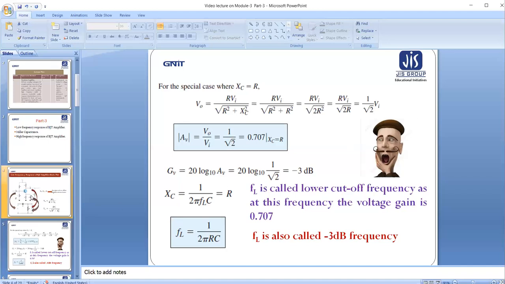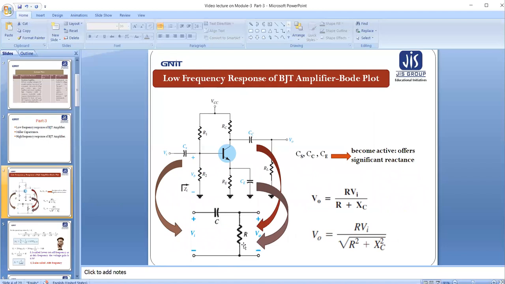Again, I am reiterating that at the lower cutoff frequency, that is when FL equals 1 by 2 pi RC, the voltage gain of this particular circuit becomes minus 3 dB. So when this frequency of the signal arises at the BJT, the circuit will experience a gain of minus 3 dB.